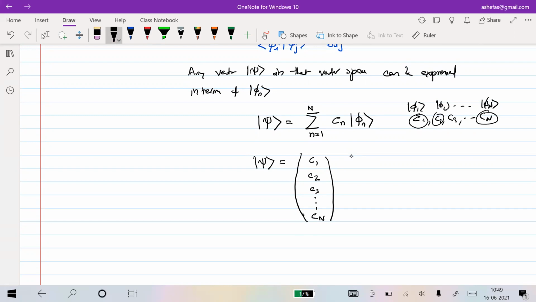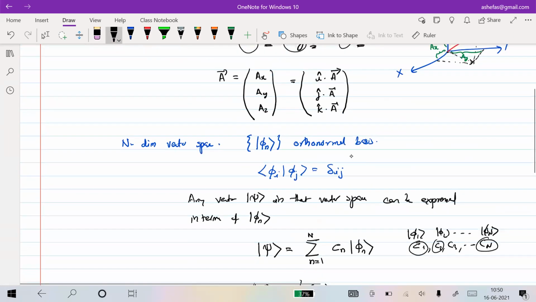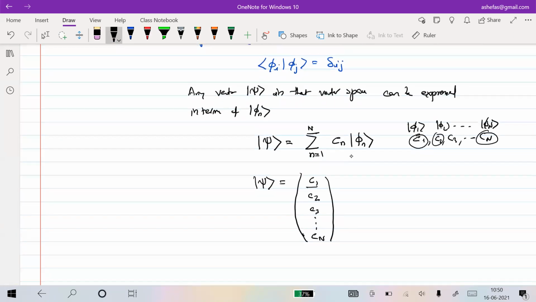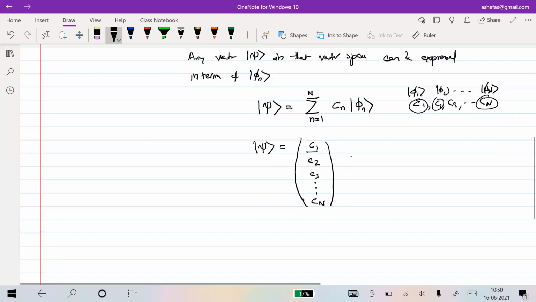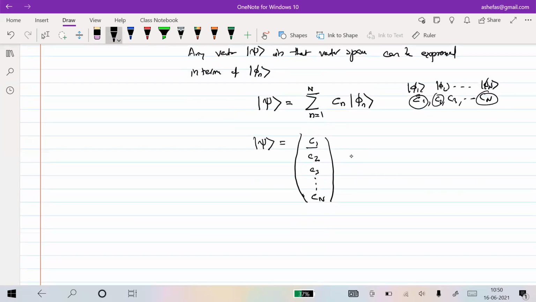Now there is a very compact way of representing it in another way. We can express C1 as the inner product of phi 1 and psi. Like here, the Ax we have written as i dot A, similarly C1 we can write as the inner product of phi 1 with psi. We can prove that. This is your ket psi. Take the inner product of ket psi with phi i in general, where i is some arbitrary number.